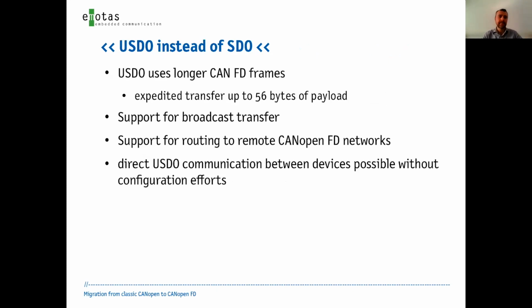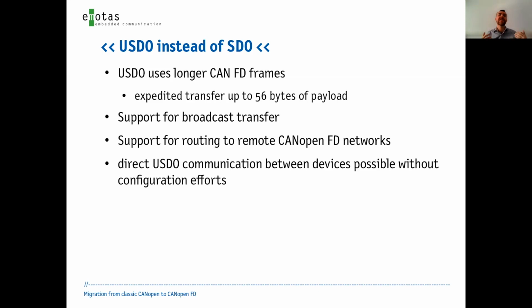In classical CANopen, there is the so-called SDO protocol, which allows one-to-one communication between different devices, and it's a service to read and write objects or parameters from multiple devices. USDO with CANopenFD is the new replacement or enhancement of that. And obviously it uses the longer CANFD frames.